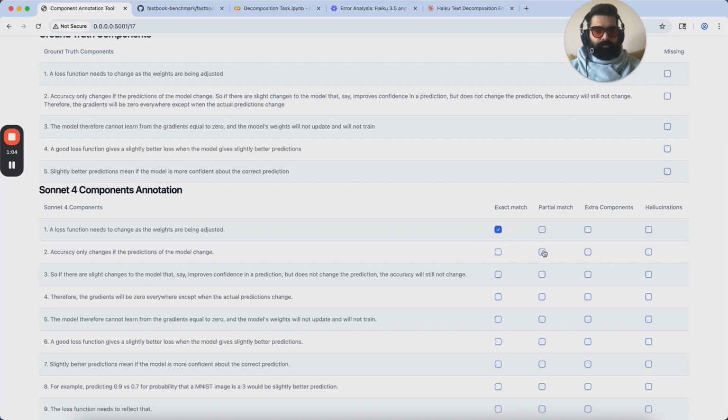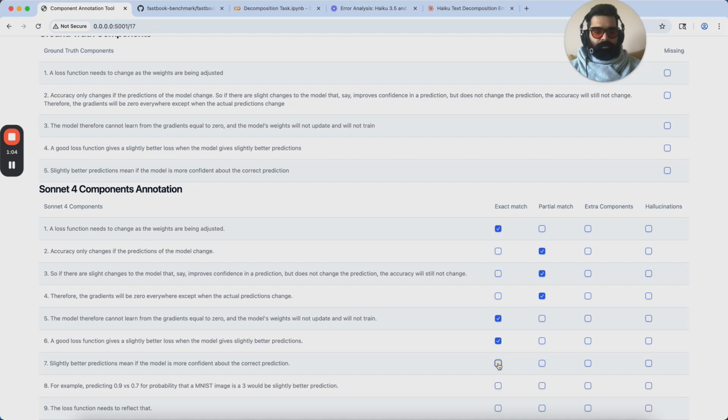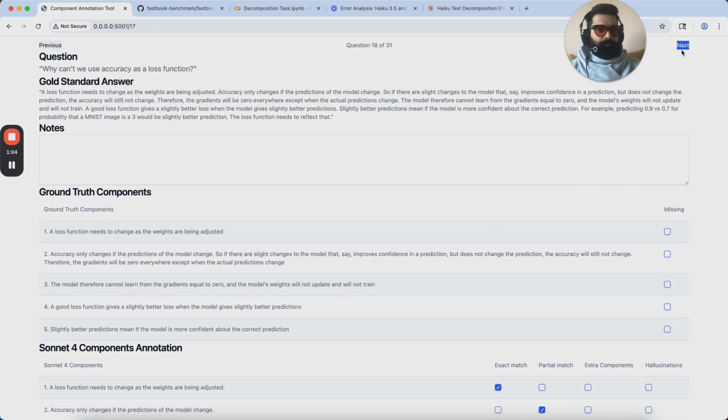Exact. Partial, partial. Therefore, partial. Exact. Exact. Exact. Extra. Extra. Cool.